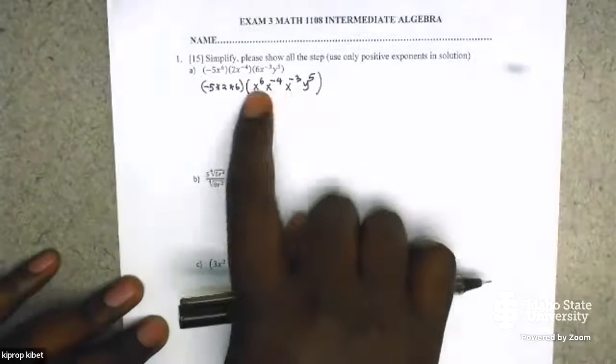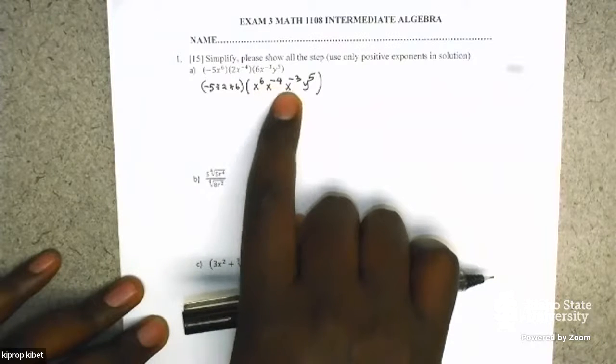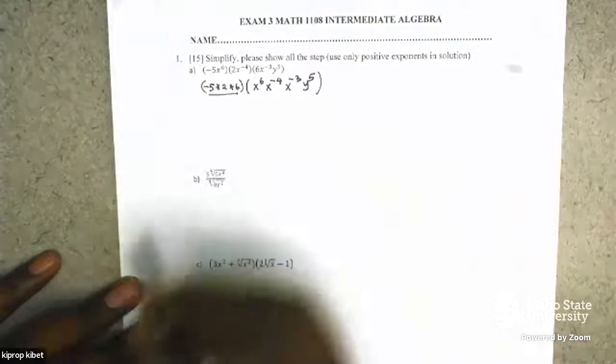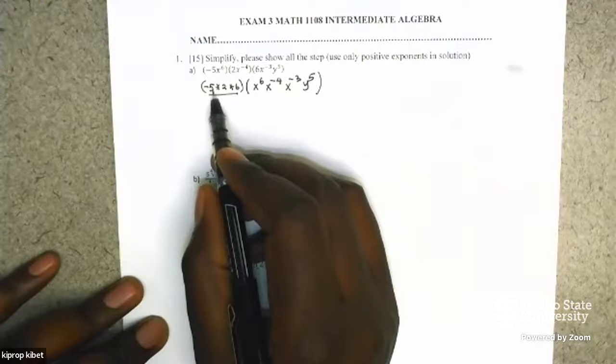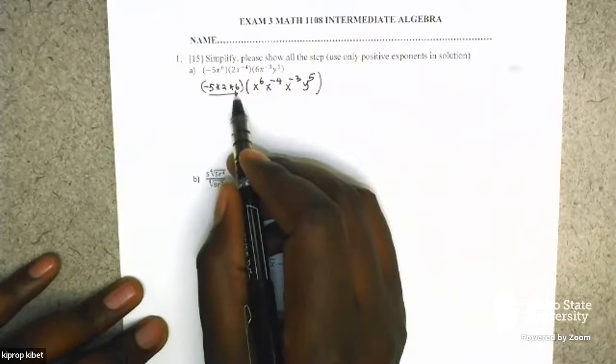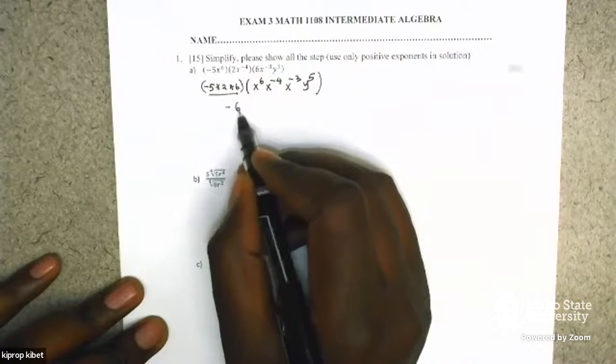If the bases are the same, then you do what with the power? You add, right? So multiply first this one. This is -5, so this 2 is -10, multiplied by 6 is 60. So -60.